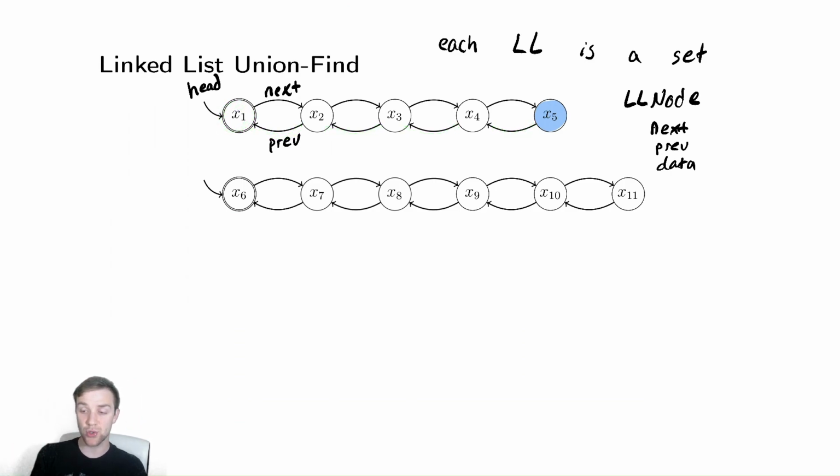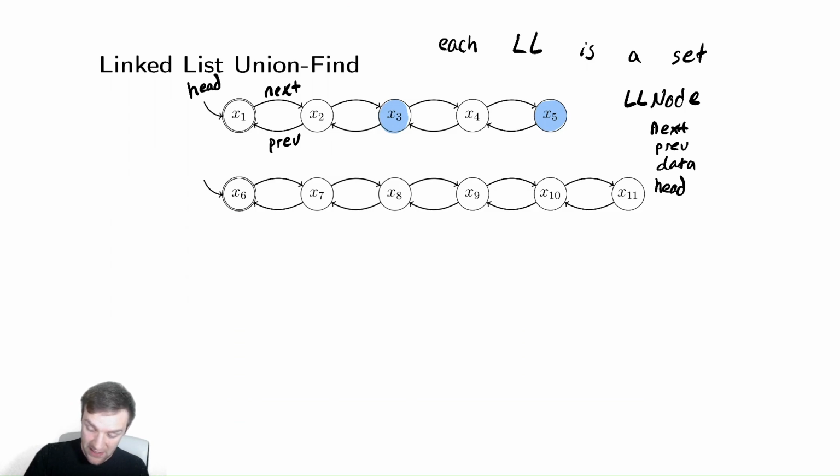One useful trick for improving the efficiency of a linked list is to add one more piece of data to the linked list node, and that is going to be a head pointer, which will always point at the head of the linked list. For our purposes, if the head of the linked list containing a vertex matches the head of the linked list containing another vertex, for example, x5 and x3 both have a head node of x1, therefore they're in the same set.